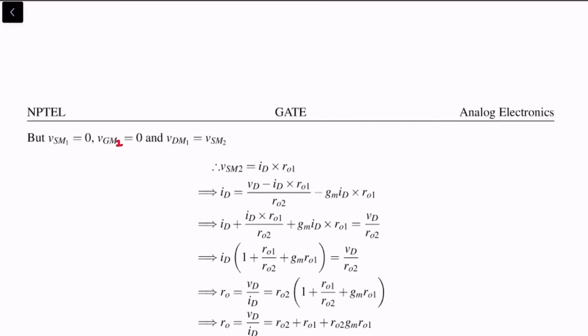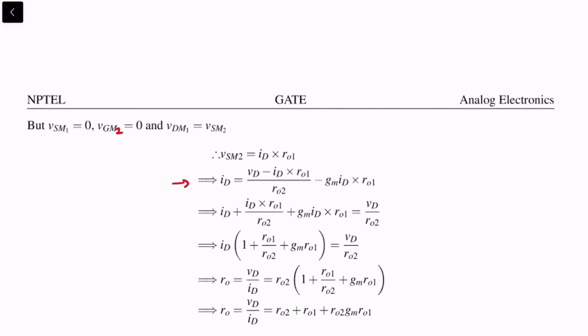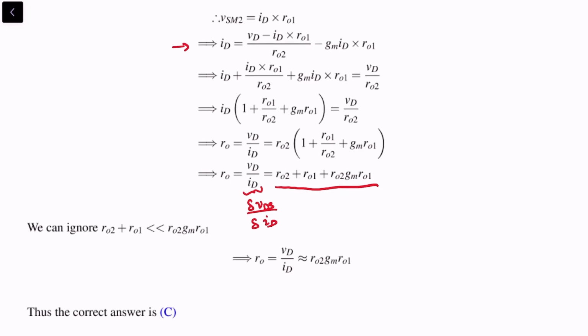right? So that is what I have over here, and you can pause the screen at this point to see how I bring about just the fraction Vd by Id, which is the small signal Vd by Id. If you go back to the original circuit, you will find that this is the ∂Vds/∂Id that was asked in the question, and you will see that it reduces to the following expression, right?